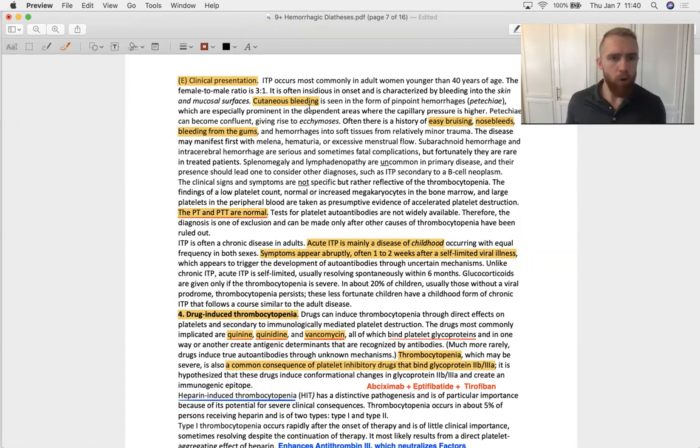Patients might have occult fecal blood, melena, or hematuria, or excessive menstrual flow. And obviously, the number one way to say, hey, this patient's got a platelet problem is you get their blood count back and they've got low platelets. So great time to be a doctor. Modern medicine, love it.